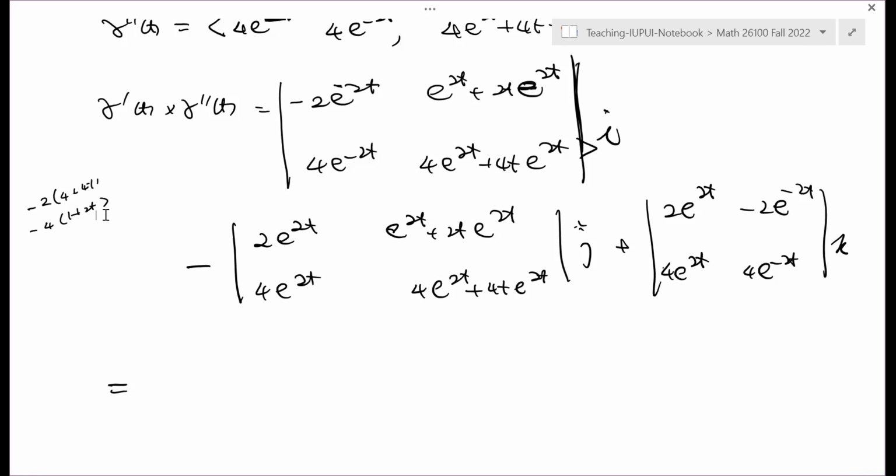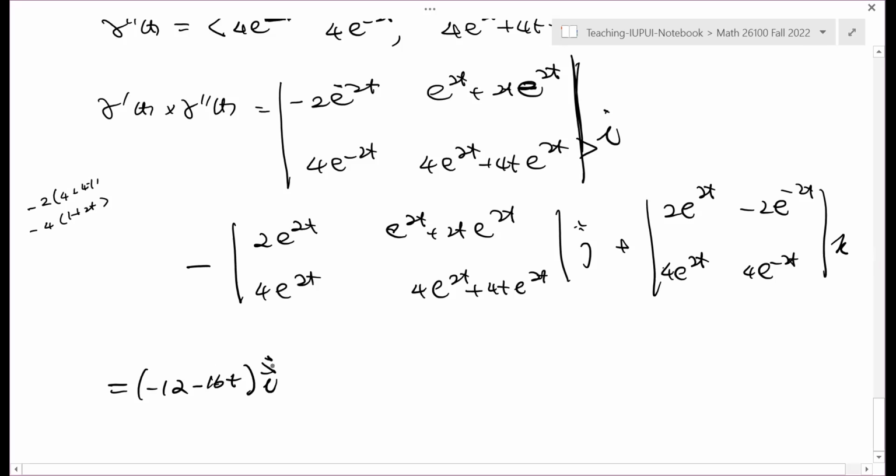So I got, I think it's going to be negative 12 minus 16t, I. So the e is gone actually.